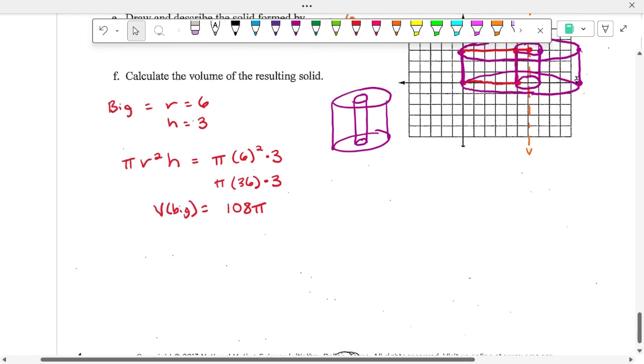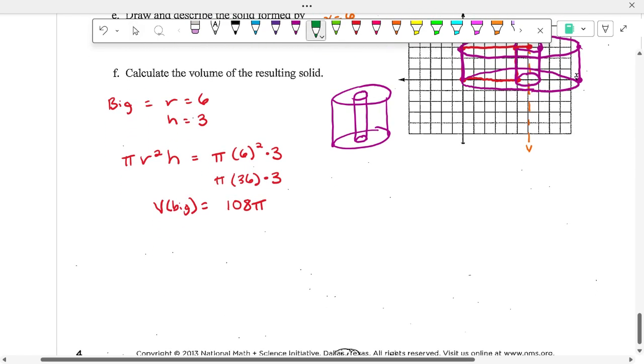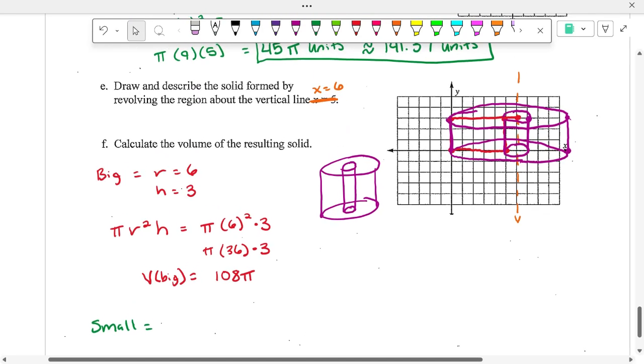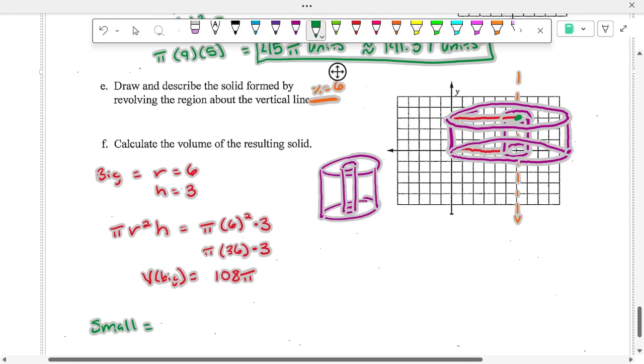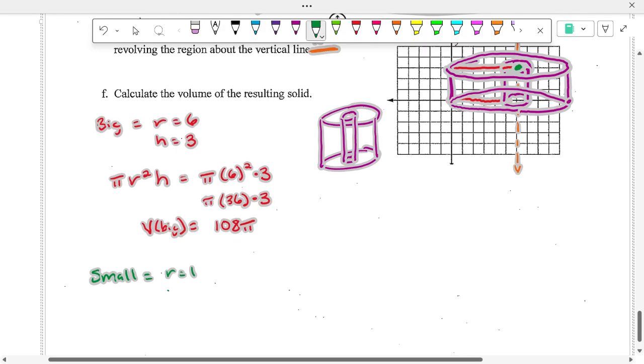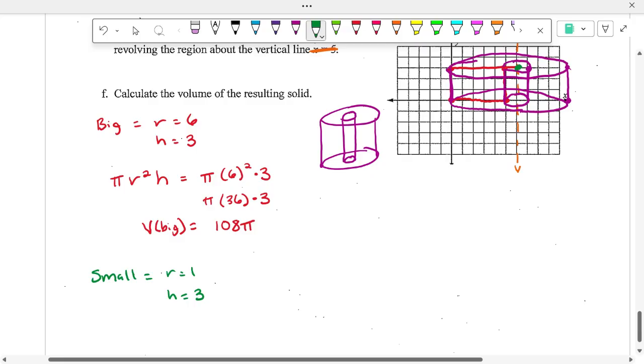Now, I want the volume of the small cylinder. What is the radius of the small cylinder? Think, if the center's here, how far is it to the edge? 1 unit. So the radius is 1, and the height will still be exactly the same. So the height's equal to 3.